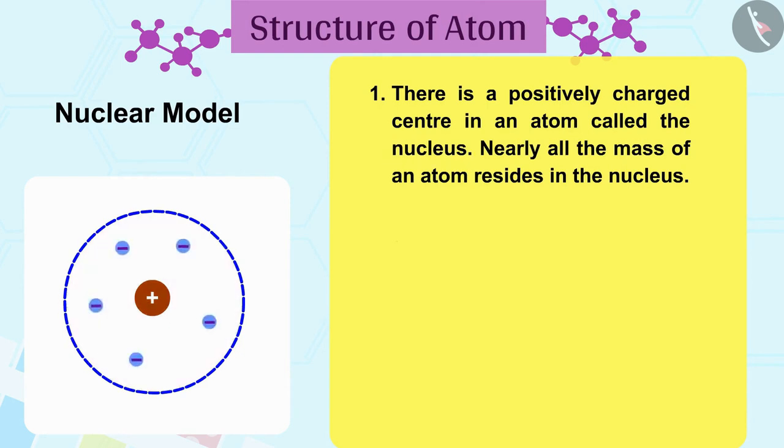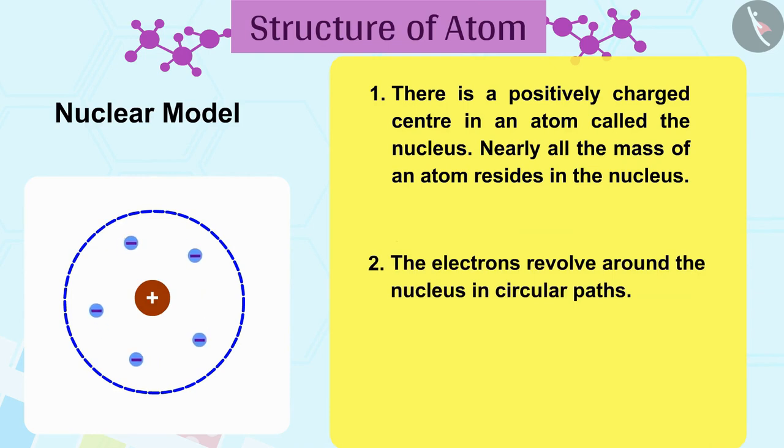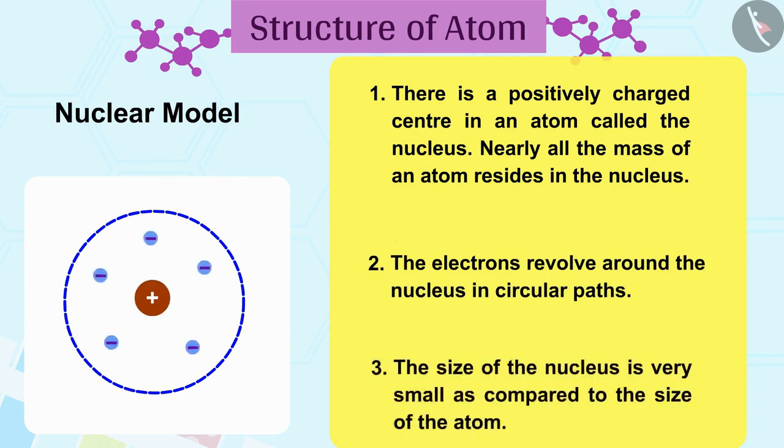Nearly all the mass of an atom resides in the nucleus. Two, the electrons revolve around the nucleus in circular paths. Three, the size of the nucleus is very small as compared to the size of the atom.